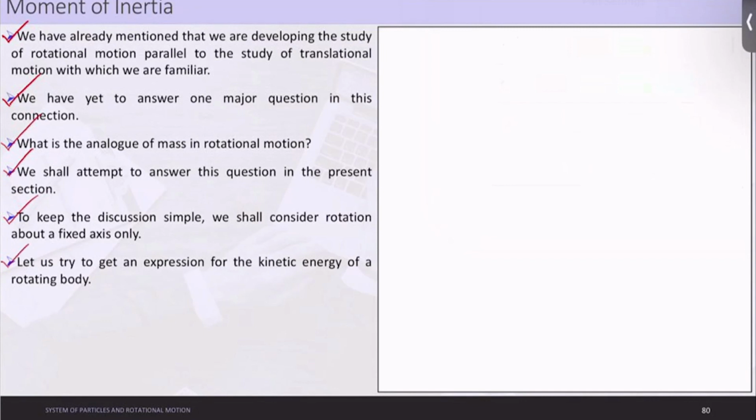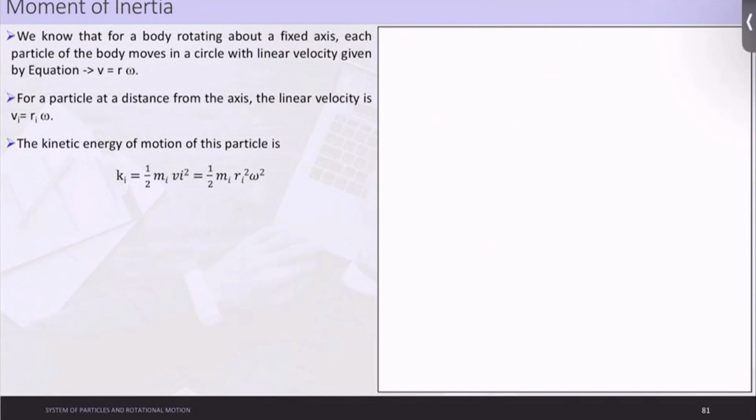Let us try to get an expression for the kinetic energy of a rotating body. For a rotating body about a fixed axis, each particle of the body moves in a circle with a linear velocity given by v is equal to r omega.